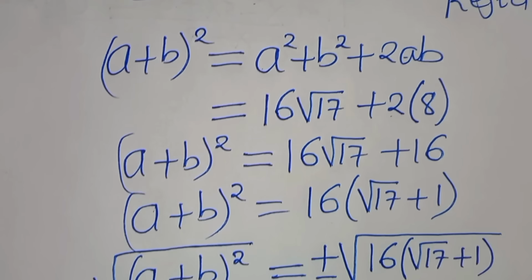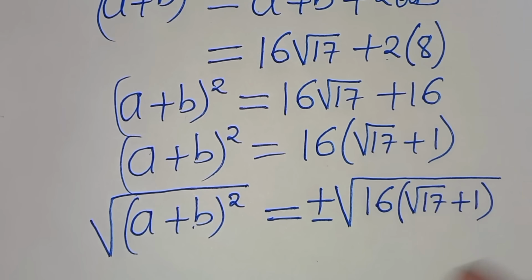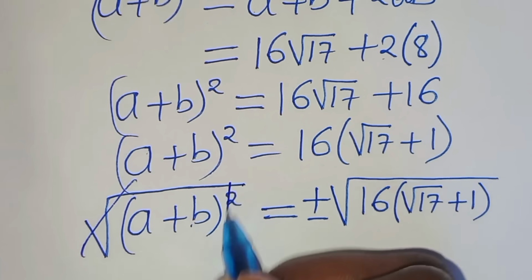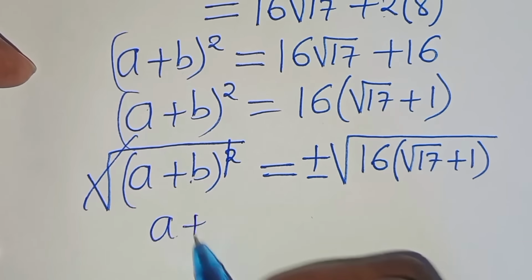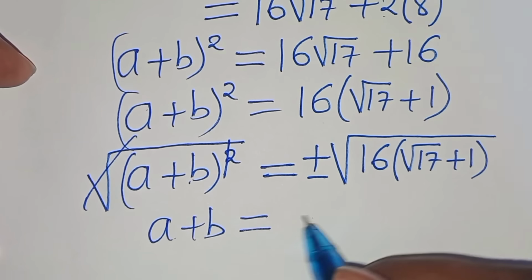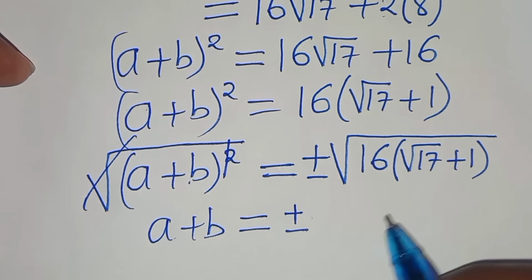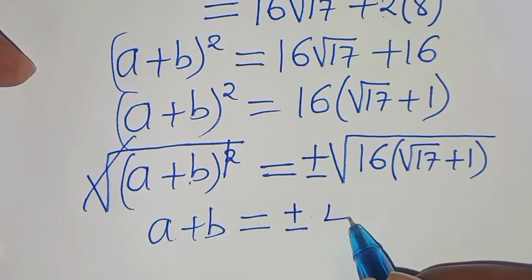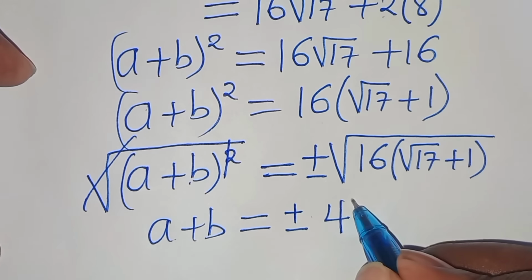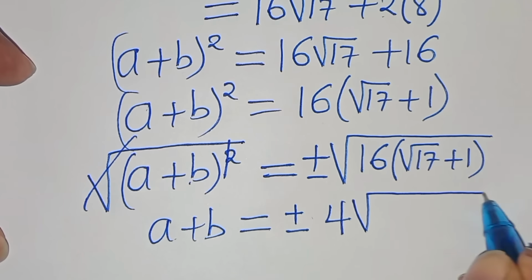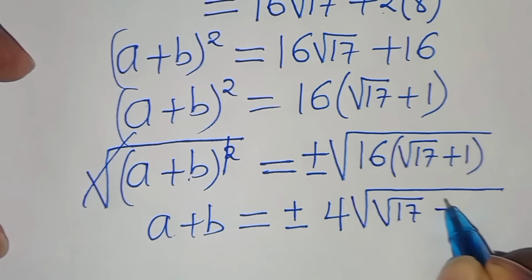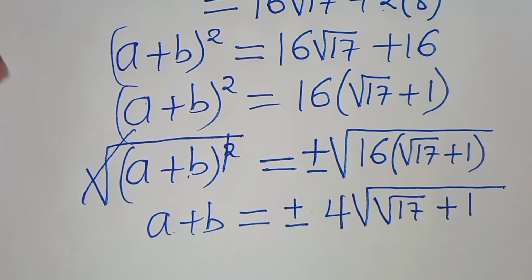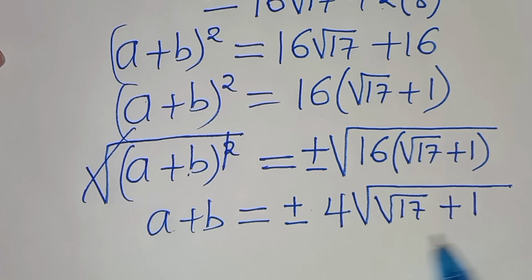So to proceed here, let's eliminate the square root sign so that now we have a plus b. This is equal to plus or minus the square root of 16. This is 4. Then we have the square root of, now here this is square root of 17 plus 1. So we have two values of a plus b.